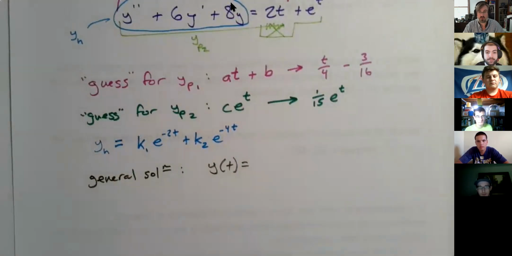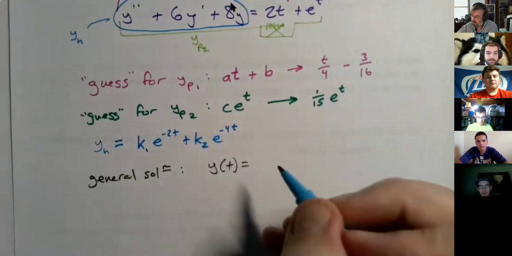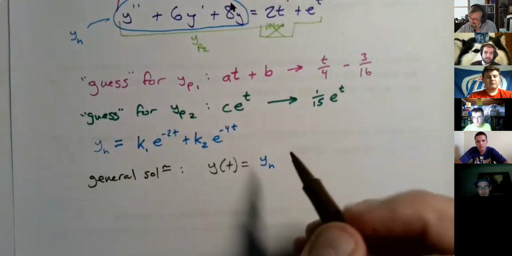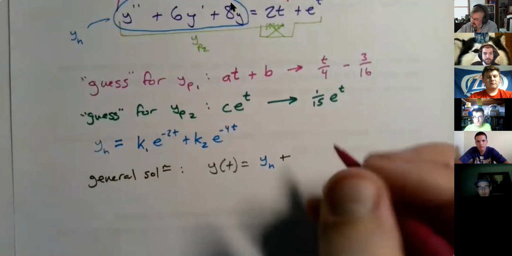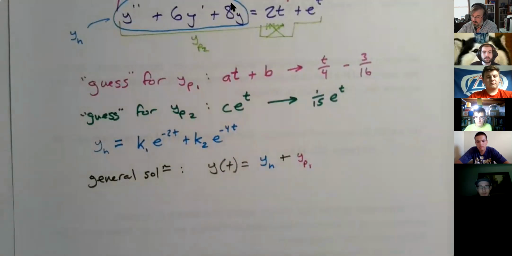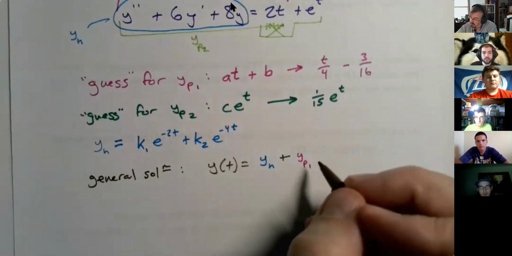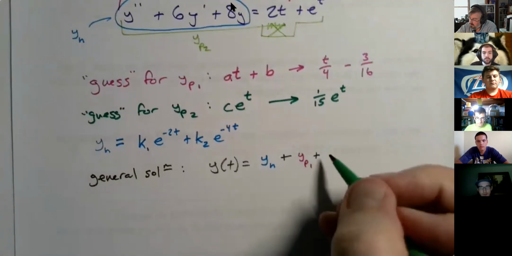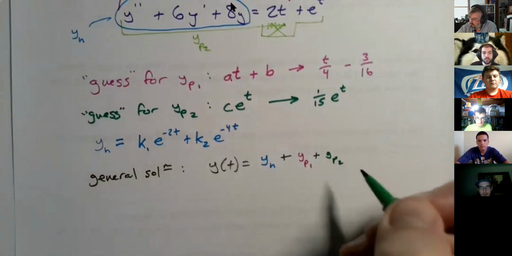I'll even color code it so we can see where things are coming from. Y sub h, plus y sub p1, plus y sub p2.